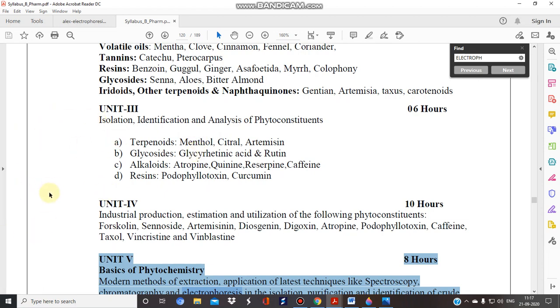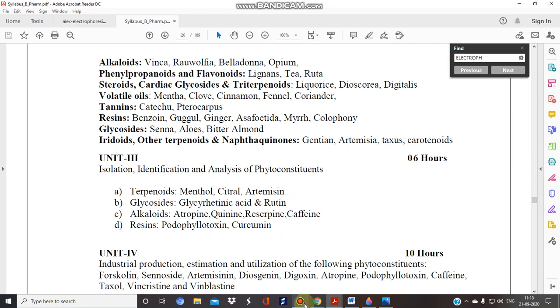After extraction, we will go for its identification and then isolation. There are different types of isolation methods we have covered in chromatography. After isolation, we will see the analysis, and there are different types of analytical spectroscopic methods for the particular constituents. I hope this is clear now.